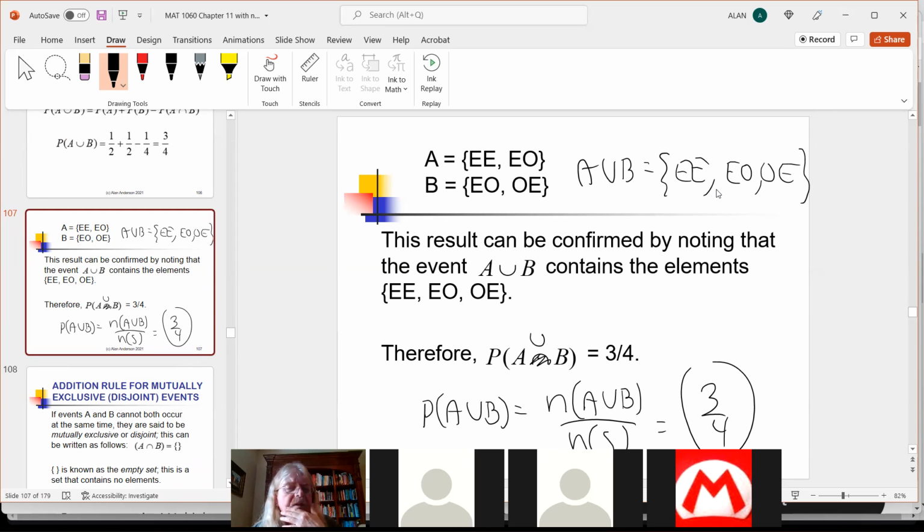And since there's 3 equally likely outcomes in the set A union B, and the sample space has 4 equally likely outcomes, my probability, again, must be 3/4. But just remember that what we just did here only works because the elements in the sample space are all equally likely. There's usually more than one way of getting to any result in math.